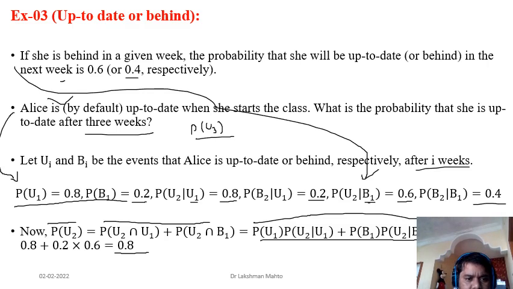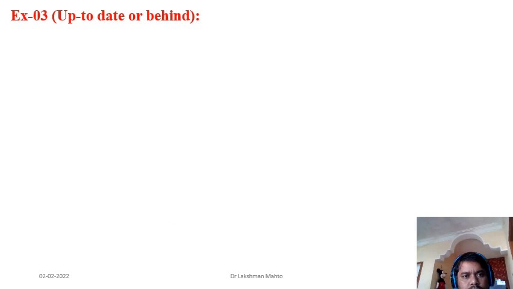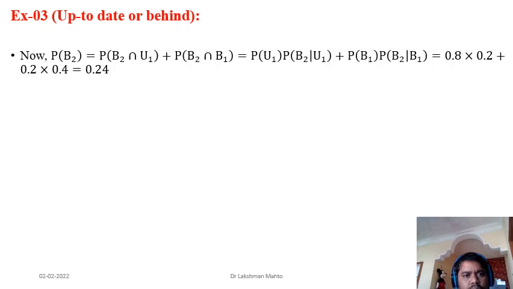So we have already calculated the probability of U2. Now similarly we can calculate the probability of B2 as well. In order to calculate the probability of B2, again we will use the partition: either in the first week Alice would be up to date, or she would be behind. So that's where we are taking these two probabilities.